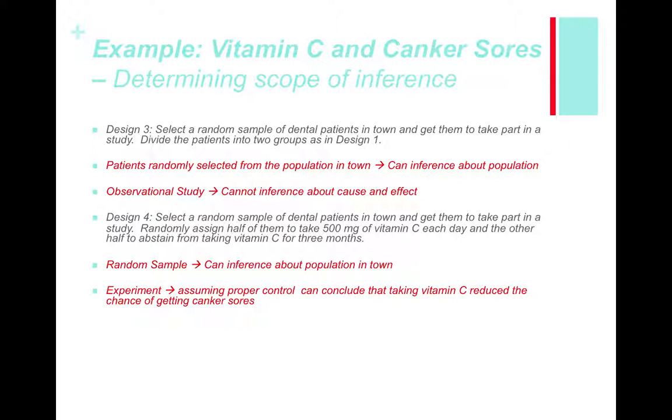As in design 2, the random assignment allows her to conclude that taking vitamin C reduced the chance of getting canker sores. So the dentist would conclude that for the population of dental patients in this town, those taking vitamin C will tend to have fewer canker sores than those who don't, due to vitamin C.